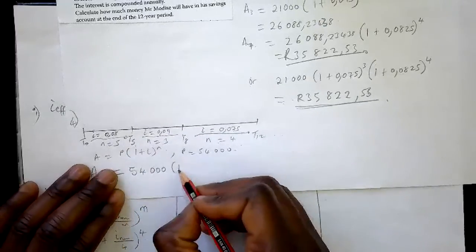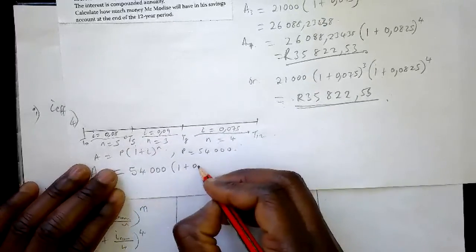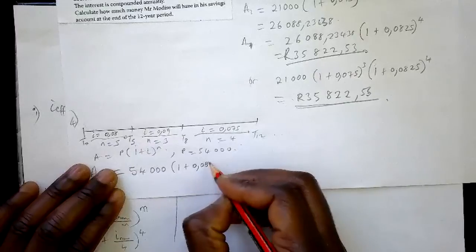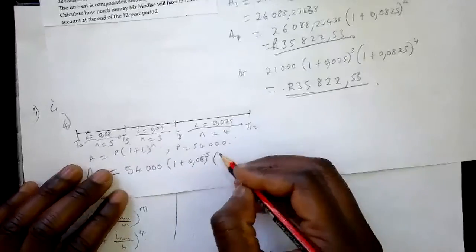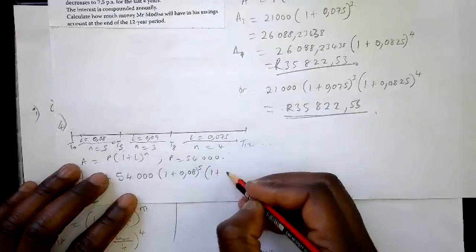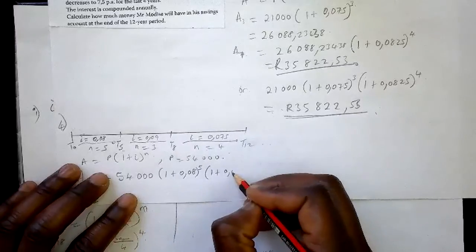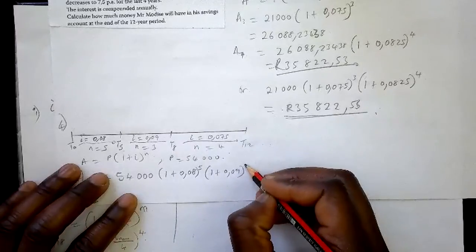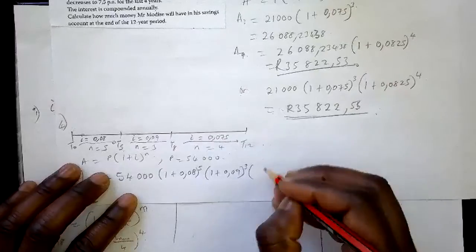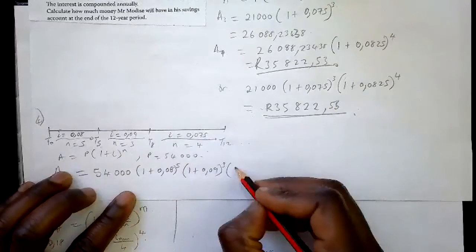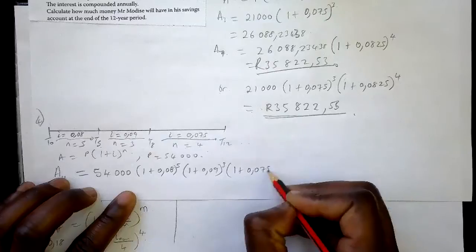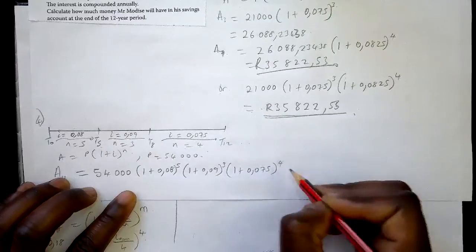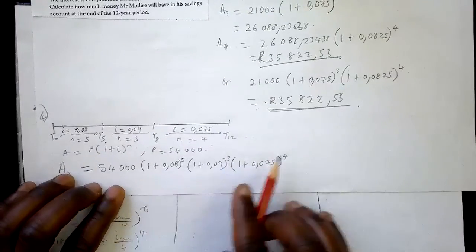What is our 1 plus i? 0.08 to the power of 5 in a bracket. 1 plus, what is our new percentage? 0.09 in a bracket to the power of 3 in a bracket. You open another bracket again. 1 plus 0.075 to the power of 4. Can you see that 5 plus 3 plus 4 gives us 12 years?